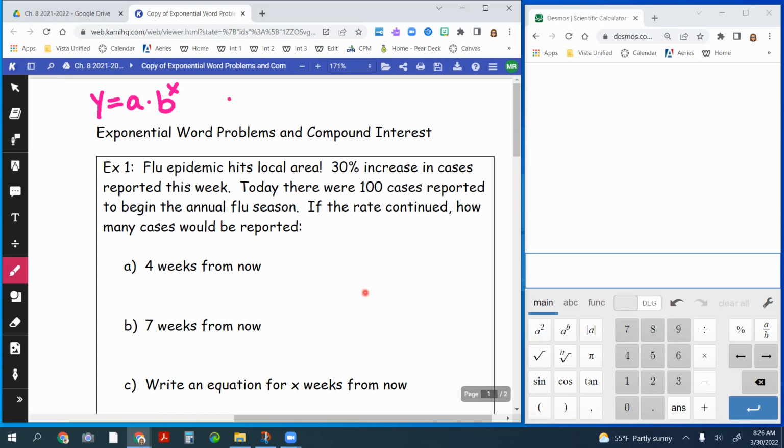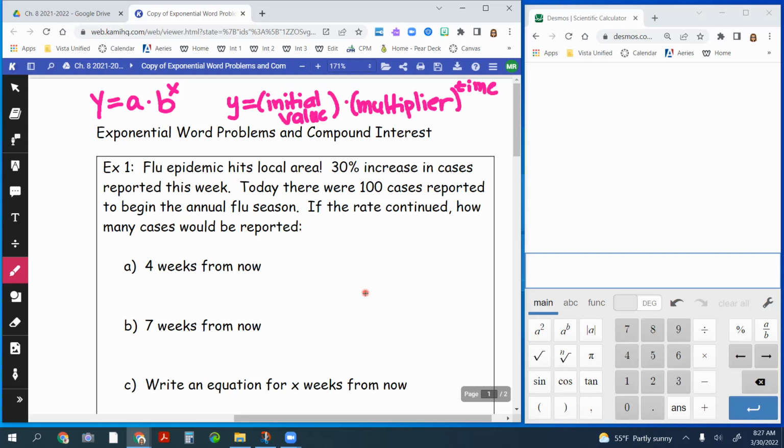So again, I'll write it out in words. y is equal to initial value times a multiplier to the power of usually time for a lot of these problems.